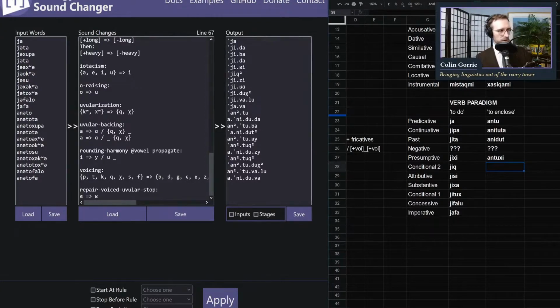I should also mark down where things are stressed in unexpected ways, such as this, Anturi. What else? Antuk. Attributive, aniduzi. Substantive, antuduch.